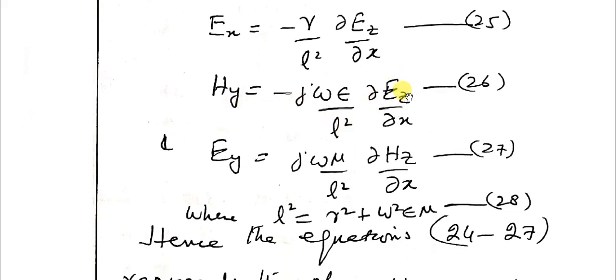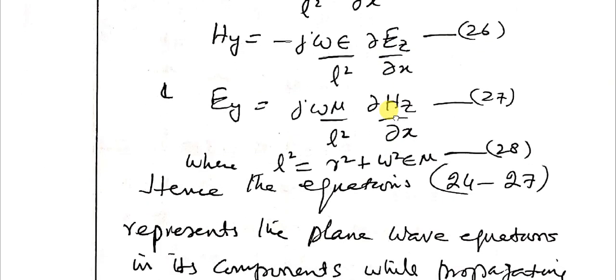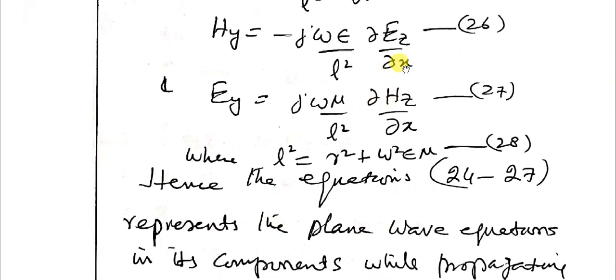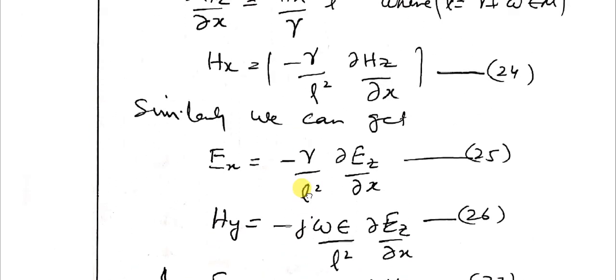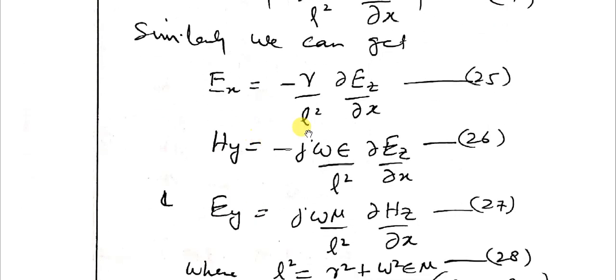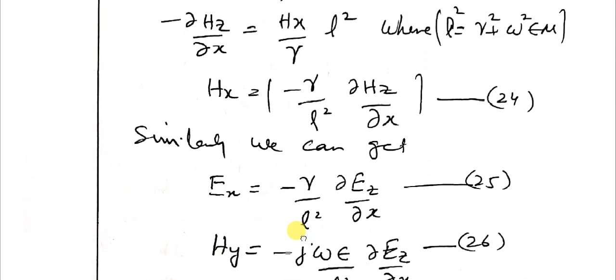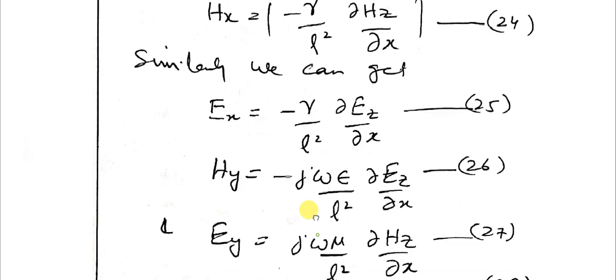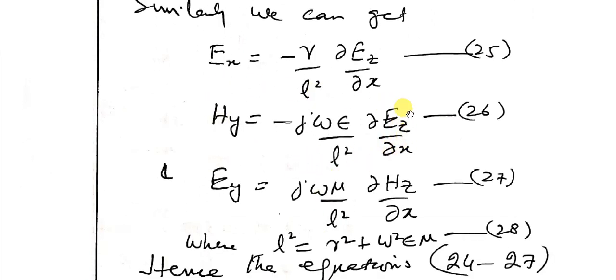Ey again has delta Hz by delta x. So these are the main components we were looking for: Hx, Hy, Ex and Ey, which we found, but we still have to find Ez and Hz so that we can find the actual solution for Ex, Ey, Hx and Hy.